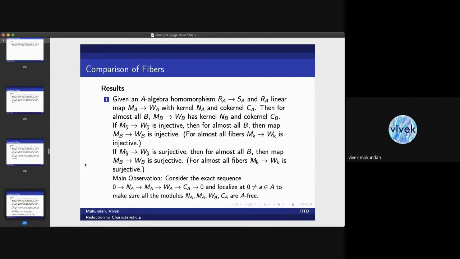The basic idea behind the proof is you have a sequence of the kernel NA and the cokernel CA, localized at a non-zero element to make sure that all the modules NA, MA, WA, and CA are all A-free. And then use the main observation from the generic freeness, and you can see that being injective or surjective can be preserved for almost all fibers.